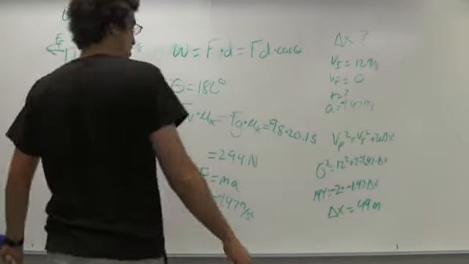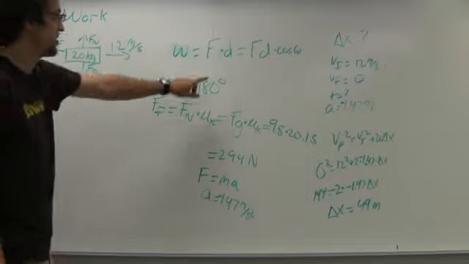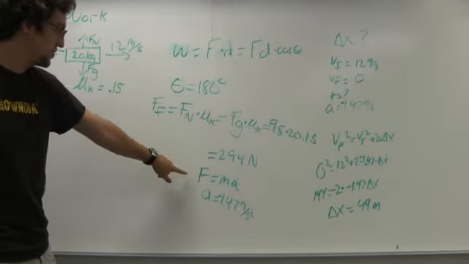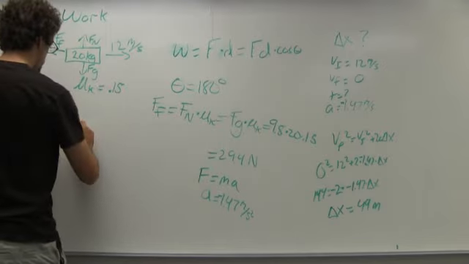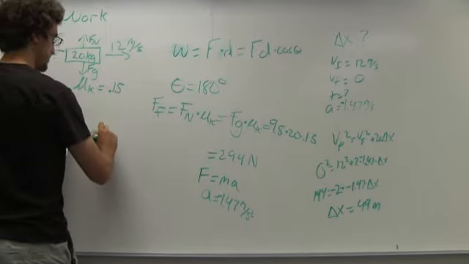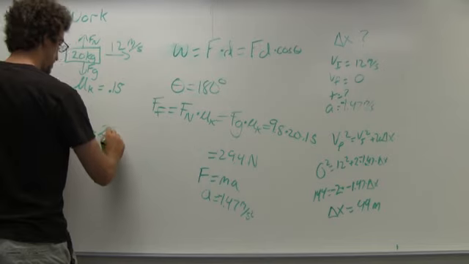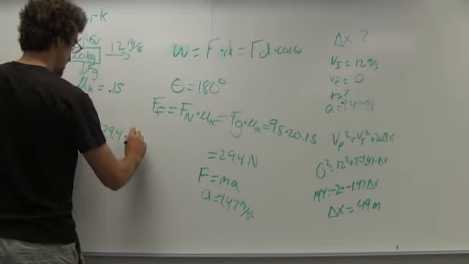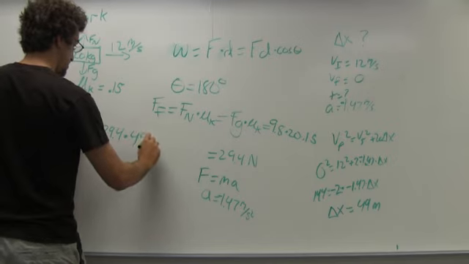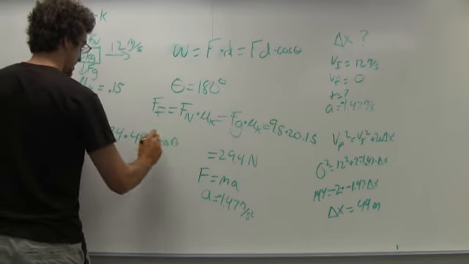Now, we've got our change in x, which is our distance. We've got our force, 29.4. We have our cosine theta. So, we want to find work. We get work equals 29.4 times 49 times cosine theta.